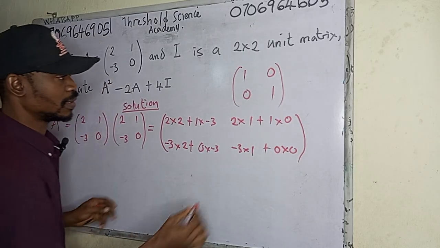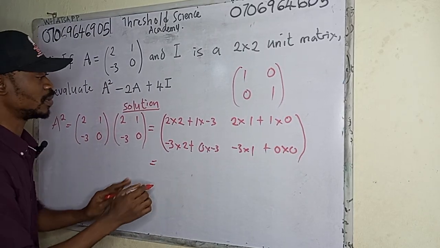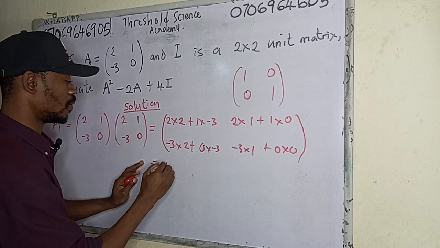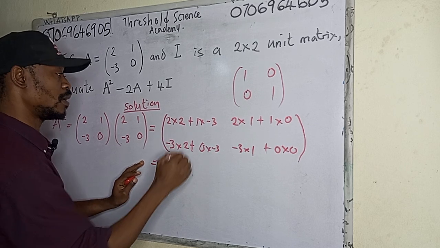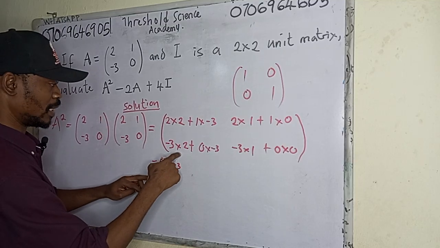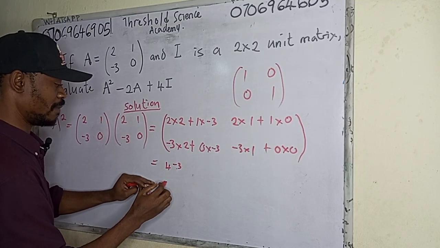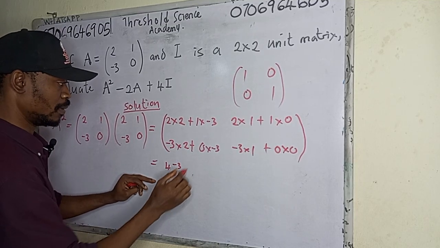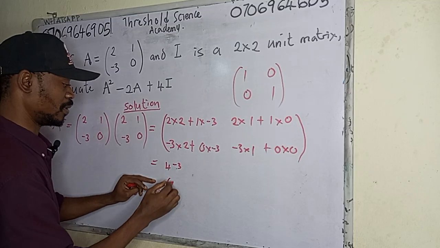So I'll just need to simplify. My A squared is going to be 2 times 2 is 4, plus 1 times minus 3 is minus 3, so that's 4 minus 3. Then I'll go down. Minus 3 times 2 is minus 6, plus 0 times minus 3, that's plus 0.